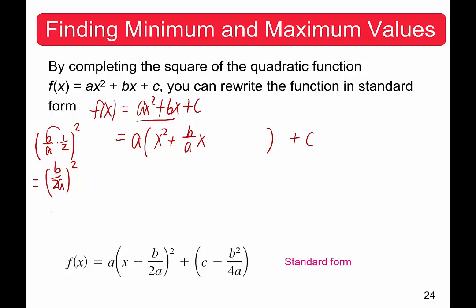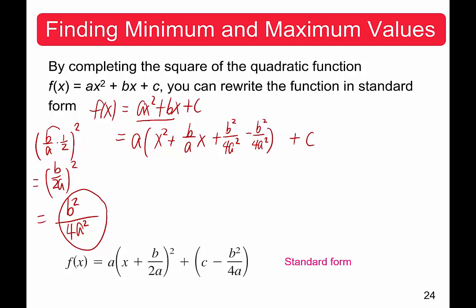Square the top, we get b squared. Square the bottom, we get 4a squared. So the constant we're looking for is b squared over 4a squared. We're going to add that, b squared over 4a squared, and subtract the same thing, minus b squared over 4a squared.